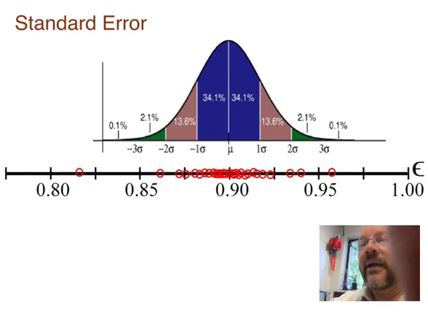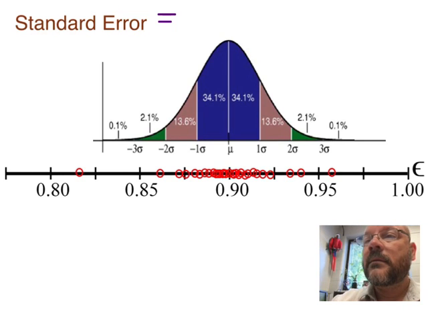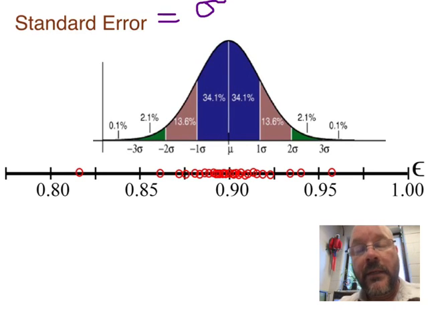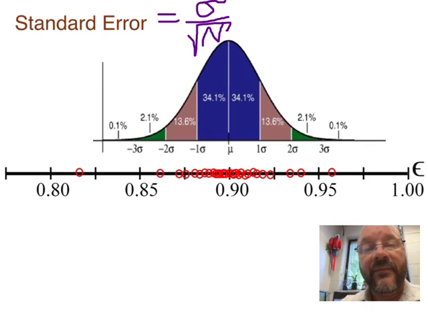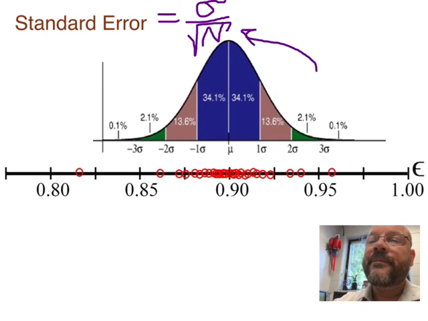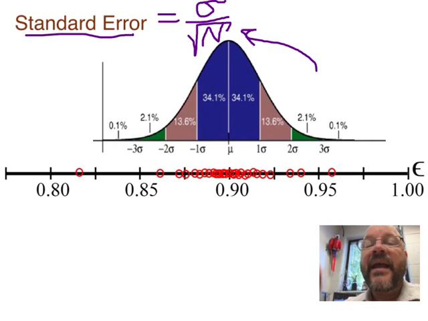So the standard error is equal to this robust number that is the standard deviation, so it doesn't matter how many data points we take, divided by the square root of the number of data points. So do you see that the more data points we take, the standard error actually goes down?